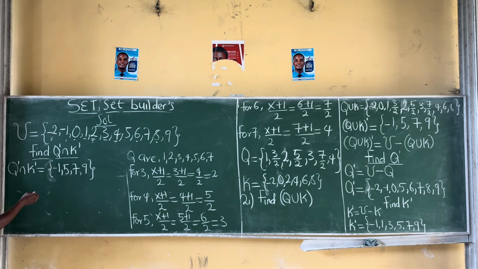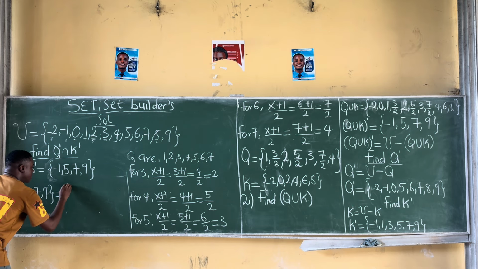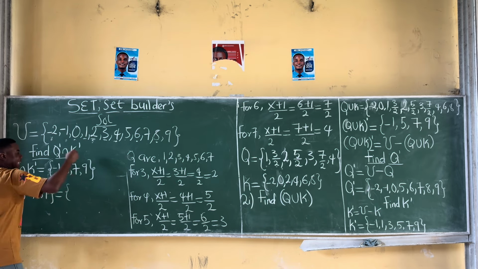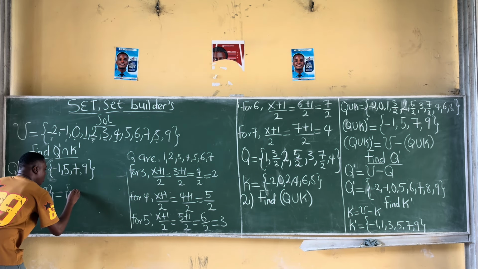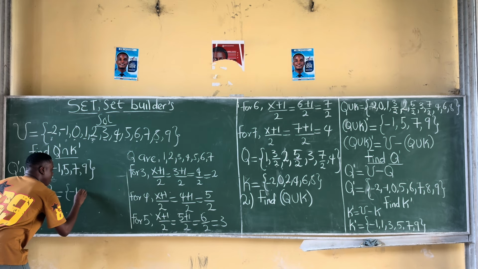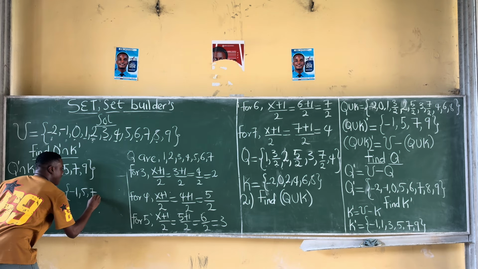So what is Q union K prime? Minus 1, 5, 7, and 9. That is equal to Q prime intersection K prime, which is minus 1, 5, 7, and 9.